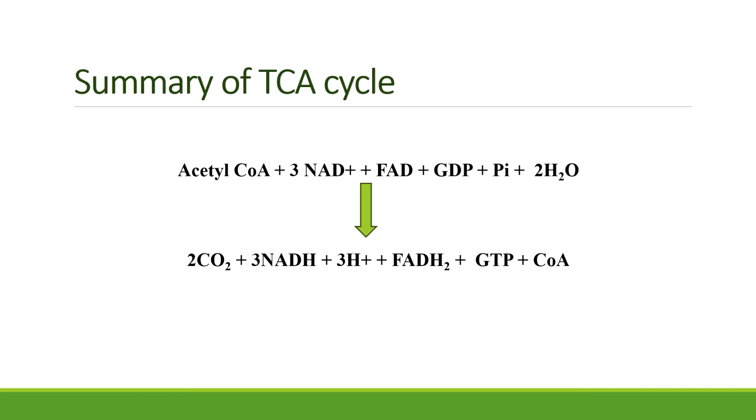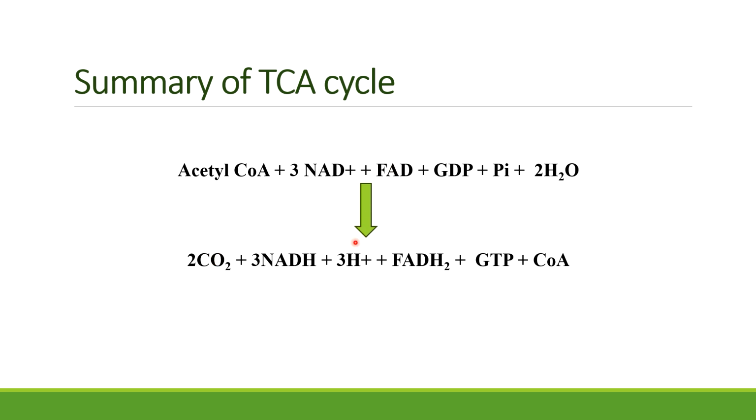Here is the summary of the TCA cycle, wherein acetyl CoA, which is produced from pyruvate, is completely converted to carbon dioxide. This is a 2-carbon molecule and 2 molecules of carbon dioxide are produced.